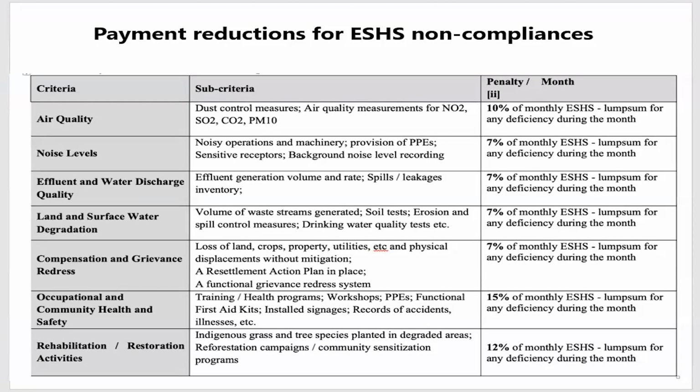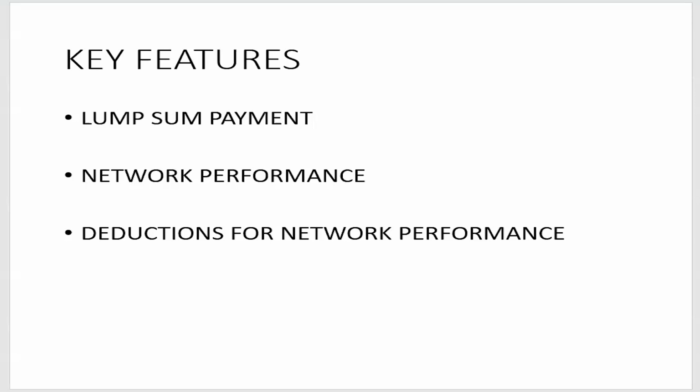Like I said, the key feature of this project is that the contracting entity is paid a lump sum amount for the rehabilitation period. Provision is made in the contract for emergency works, where the client can order emergency work which is not originally part of the work.